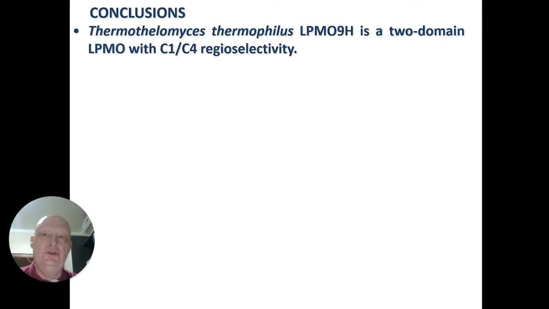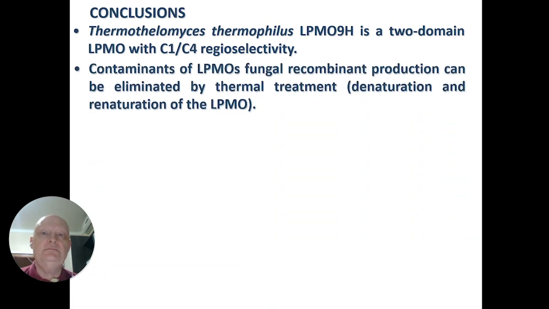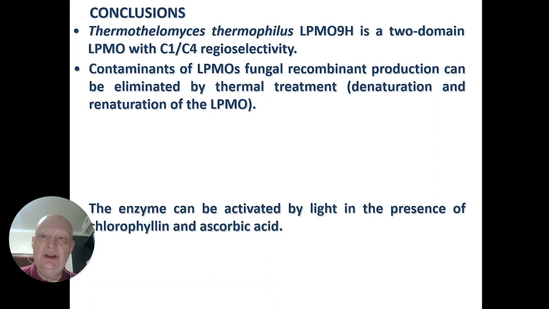TtLPMO9H is a two-domain LPMO with C1, C4 regioselectivity. Contaminants of LPMO fungal recombinant production can be eliminated by thermal treatment, and that procedure in general can be applied to any thermostable LPMO which is capable of thermal renaturation.